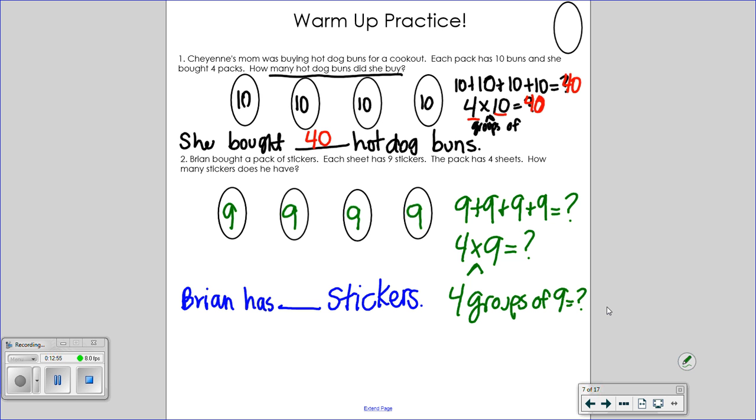All right, we got our equations. Go ahead and do some math. I don't care which math you use. Raise your hand once you've figured it out.